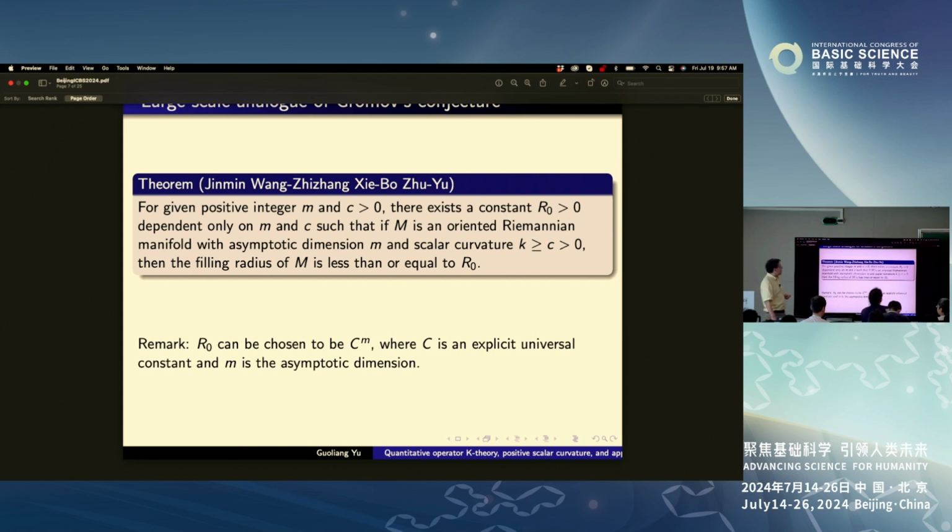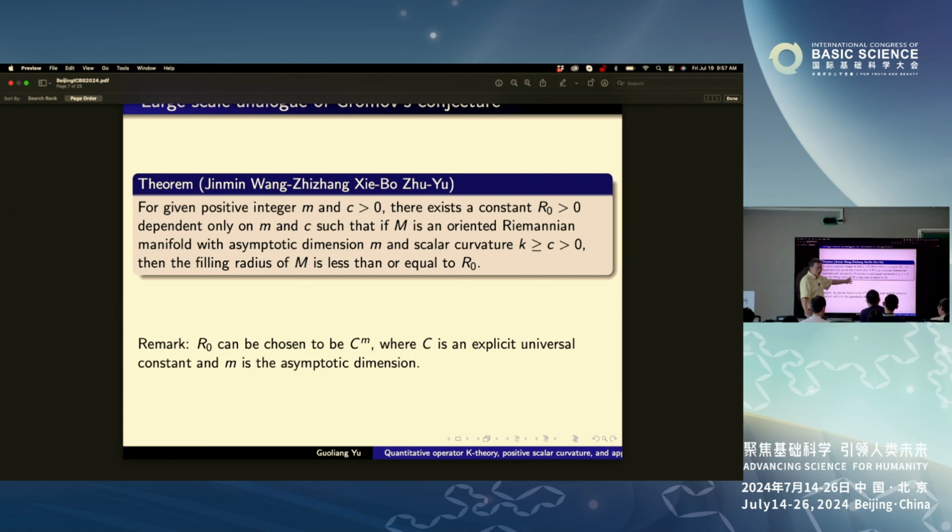I'm assuming spin. I kind of swept this under the rug. That's a technical point, but a very good point. The conjecture of Gromov was formulated without the spin condition, and with our approach, we don't know how to prove the same result without the spin condition.